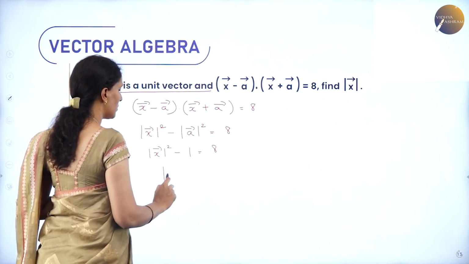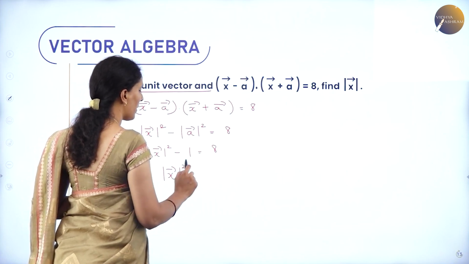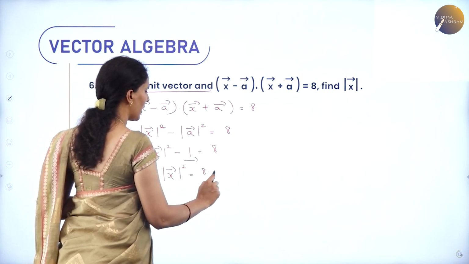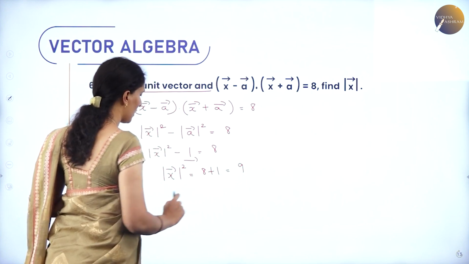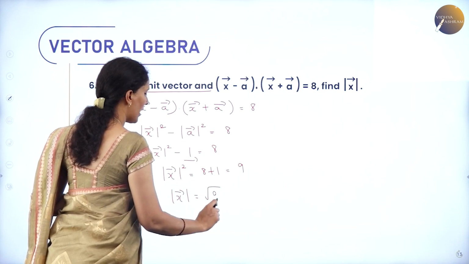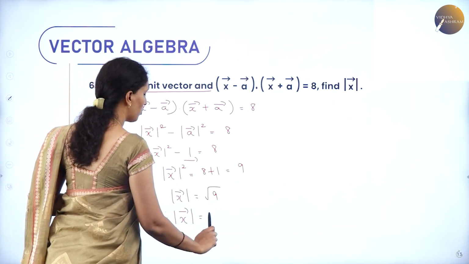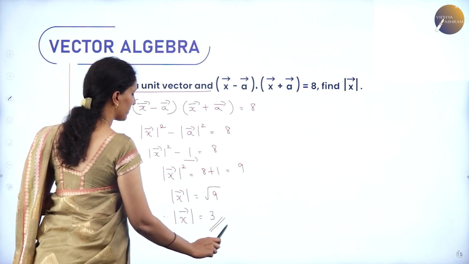So magnitude of vector x square is equal to 8 plus 1, which is 9. Now, if you want magnitude of vector x, it is root 9. Therefore, take only the positive quantity, thus magnitude of vector x is 3.